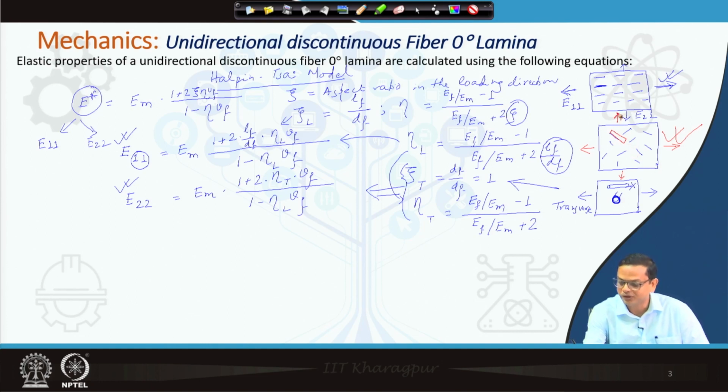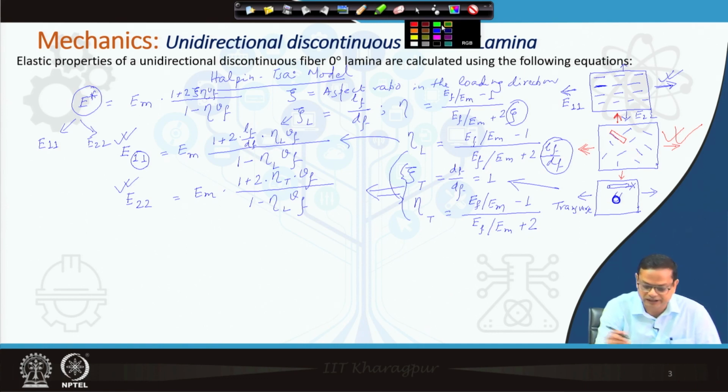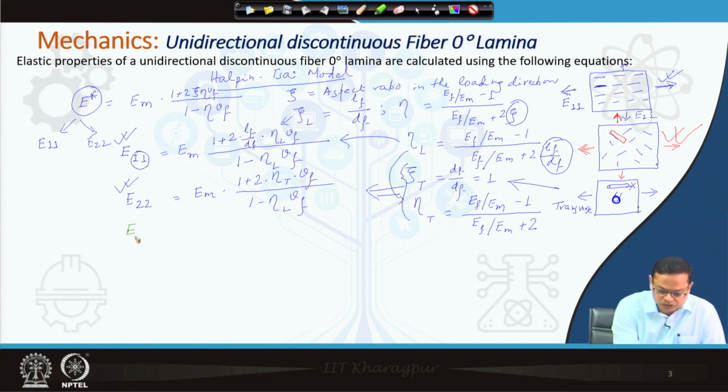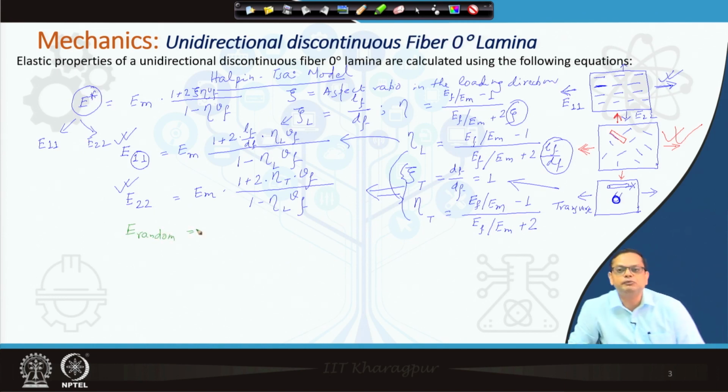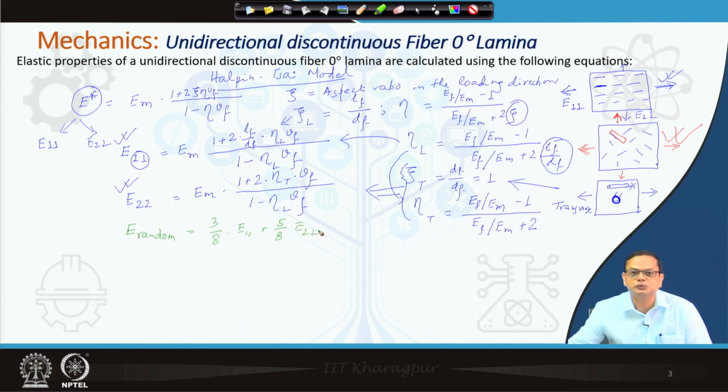So when you calculate E random, you have to consider both E11 and E22. The value of E random will be a combination of E11 and E22, equal to 3 by 8 multiplied by E11 plus 5 by 8 multiplied by E22.